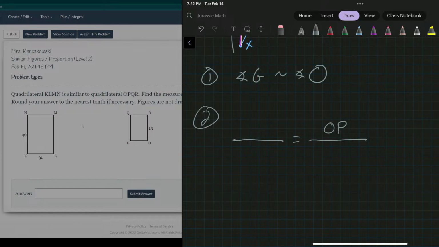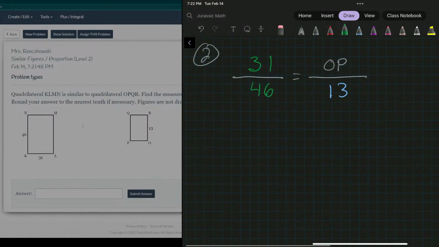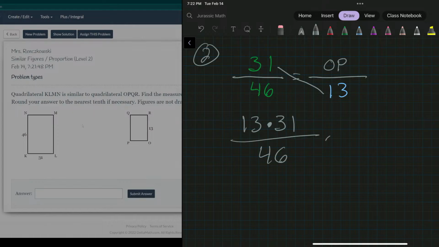We also know that there is a 13 with that triangle. So what matches up with OP on the other one? 31, and therefore 46 is on the bottom. This is just a cross multiply and divide. So literally, I'm just going to do 13 times 31. And then I'm going to divide by 46.